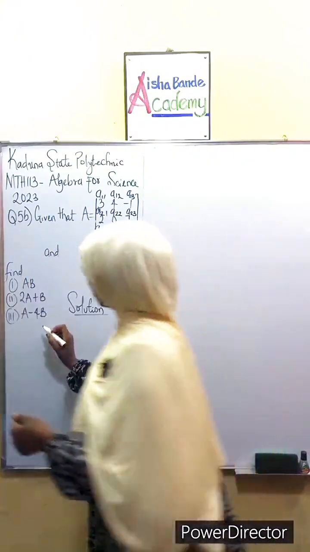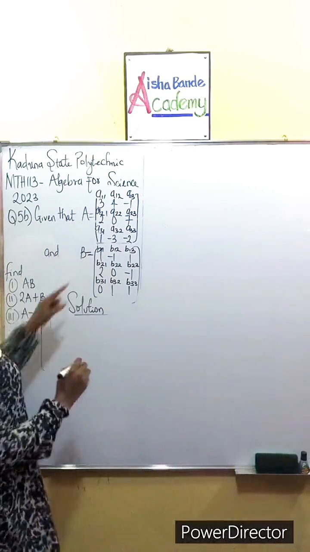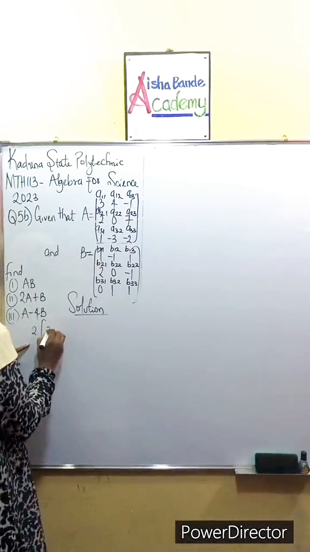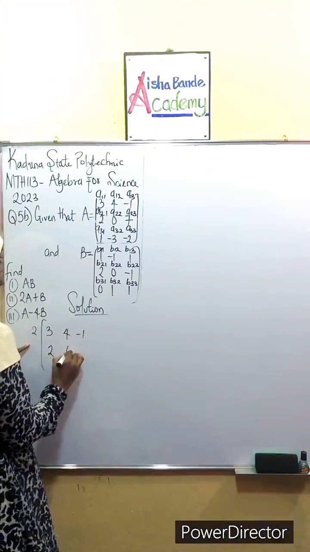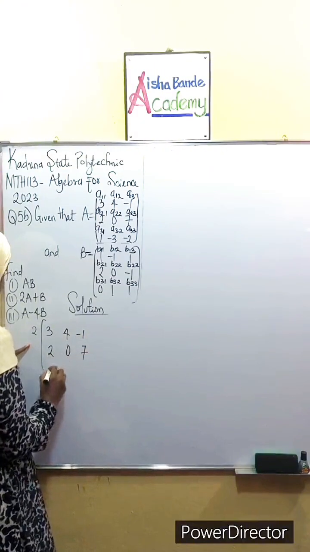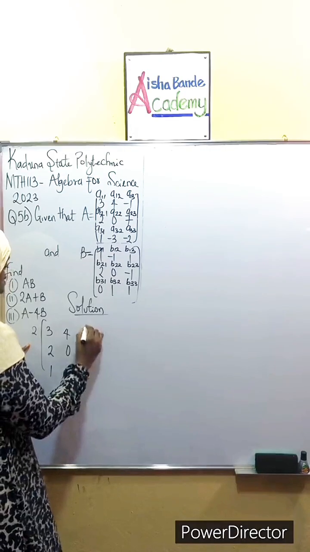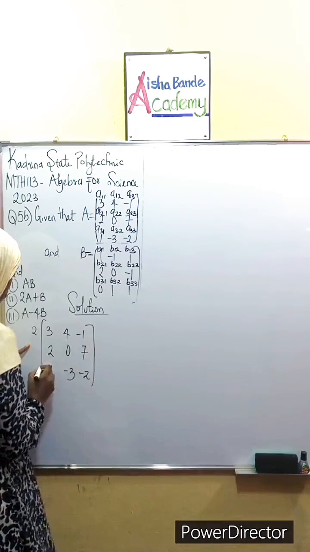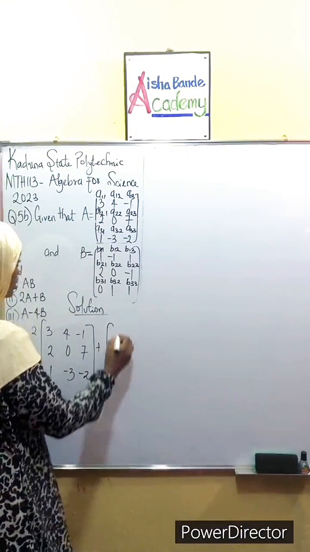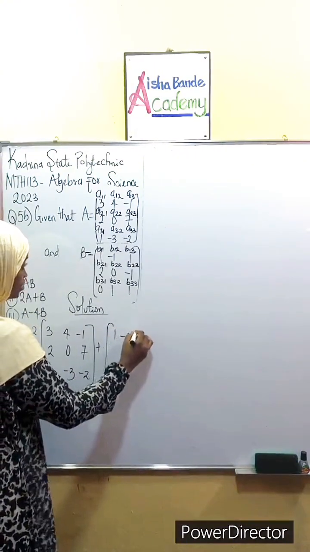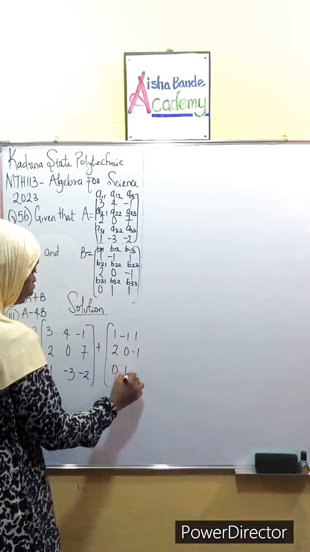2A plus B. Here we are going to have 2, then matrix A. Matrix A is 3, 4, minus 1, then 2, 0, 7, 1, minus 3, and minus 2. So this is what 2A means, okay? Then plus matrix B, which is 1, minus 1, 1, then 2, 0, minus 1, 0, 1, 1.